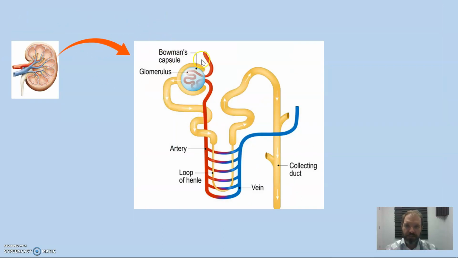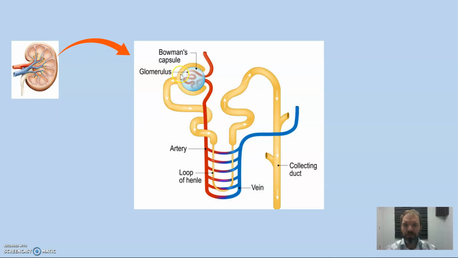At a more cellular level, the blood coming in, the dirty blood, is filtered through the Bowman's capsule, which is the capsule here, and the glomerulus is the fine capillary bed. Under pressure, the blood gets squeezed and filtered through.